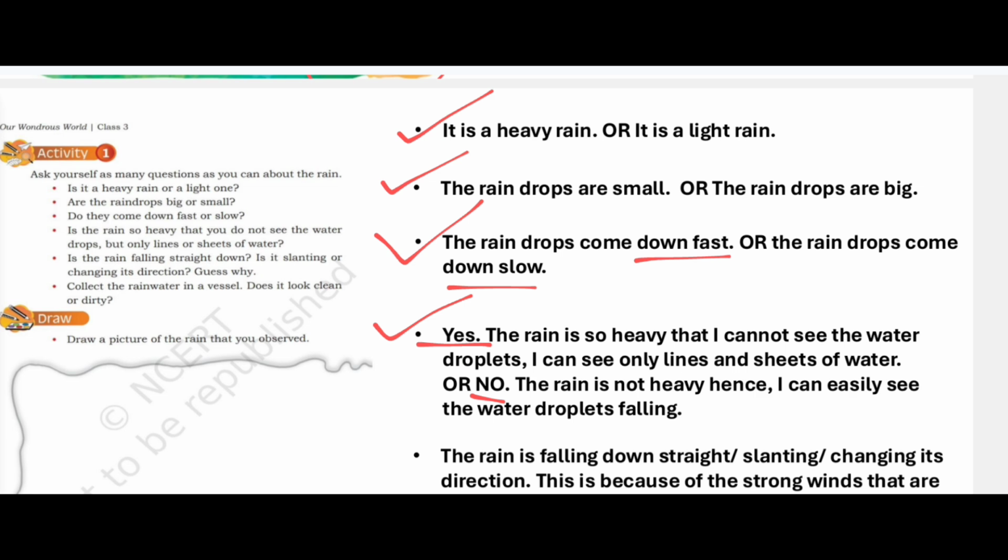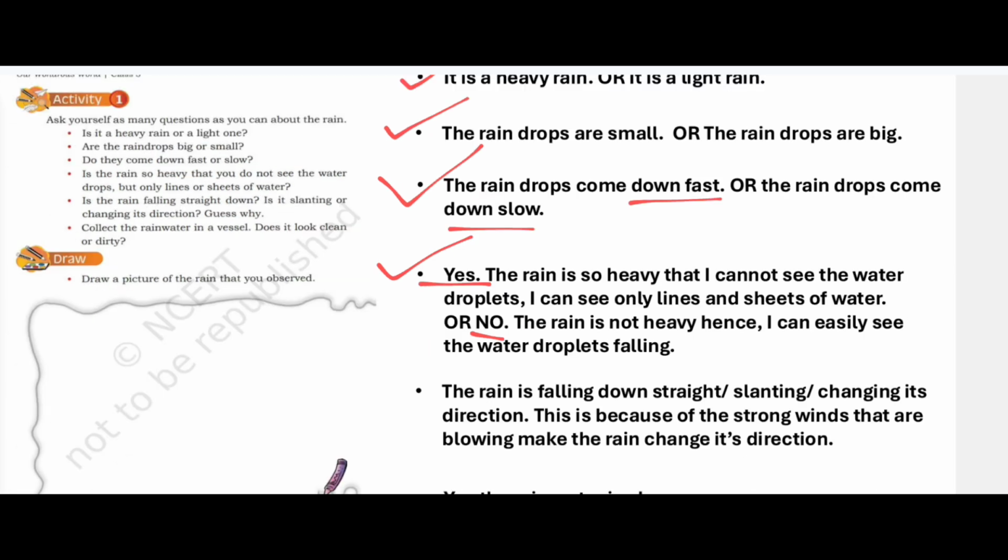The next question is, is the rain falling straight down? Is it slanting or changing its direction? Guess why? The rain is falling down straight, slanting or changing its direction. So this all depends on your observation of rain.